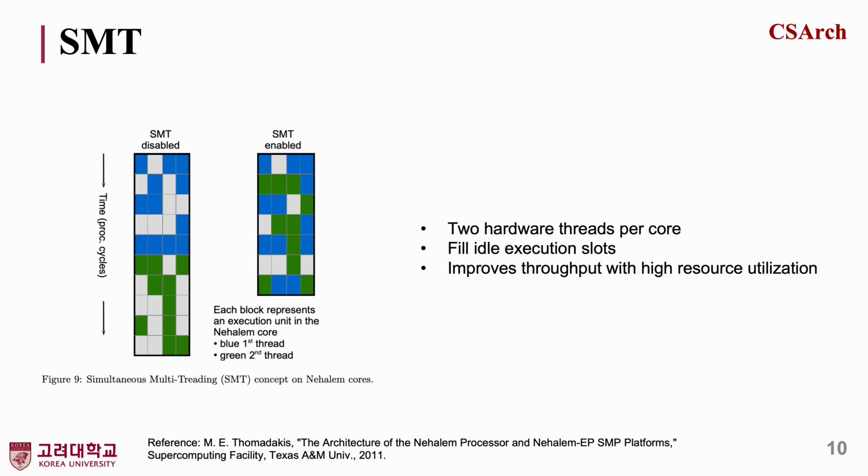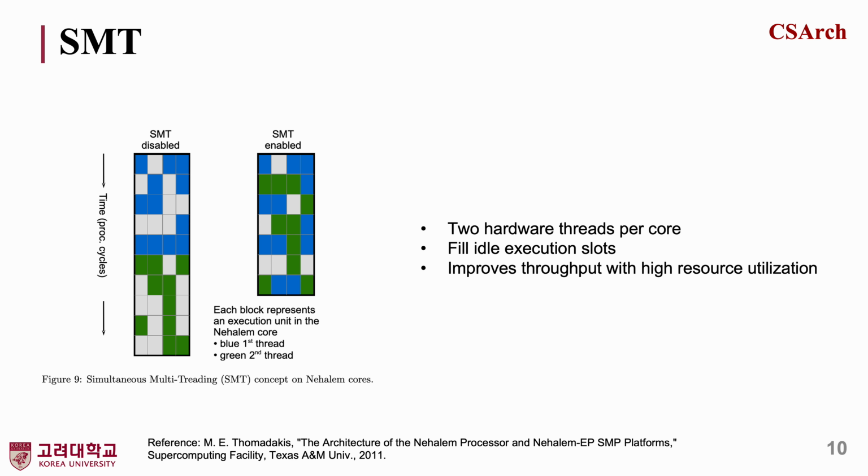Here we can see the concept of simultaneous multithreading, also known as SMT. On the left side, SMT is disabled. You can see that many of the execution slots are left idle when only one thread is active. On the right, SMT is enabled. 2 hardware threads share the same core resources, so when one thread is stalled, the other thread can fill those empty slots.